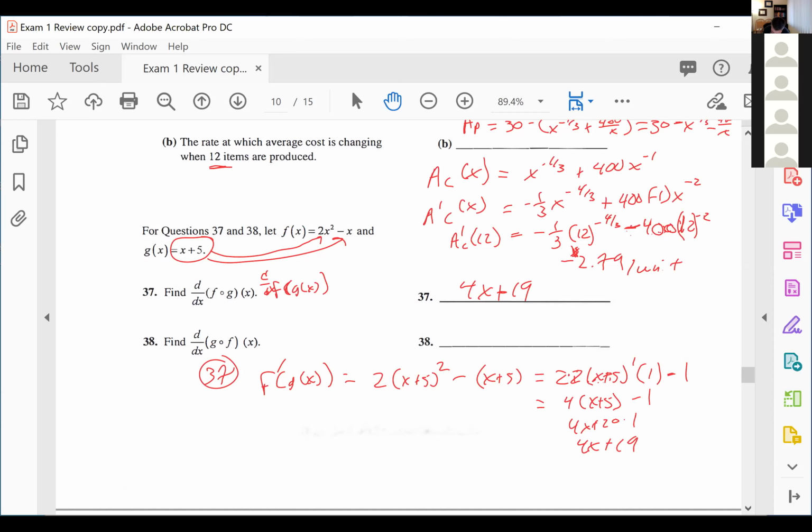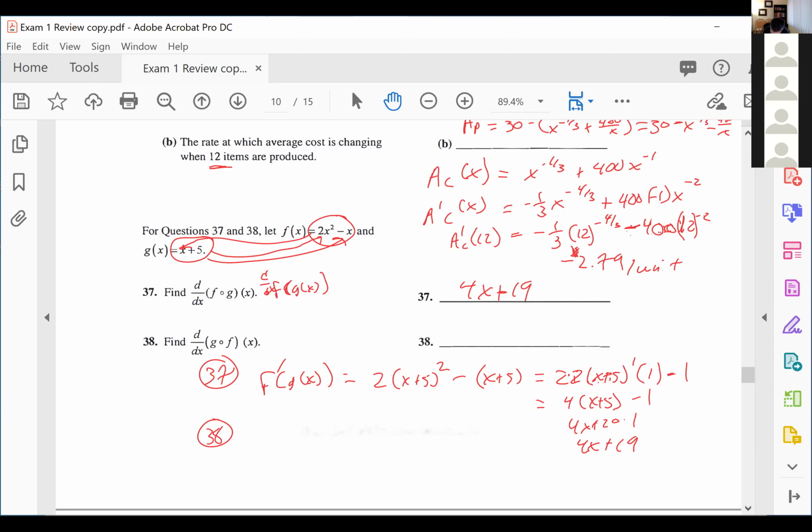Let's try 38 here. We want it to be backwards, g of f of x. So we're going to plug this guy now in here. We want g of f of x, which is plugging in f of x into g.